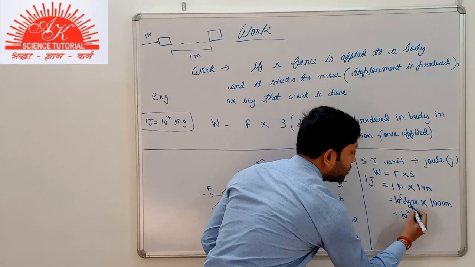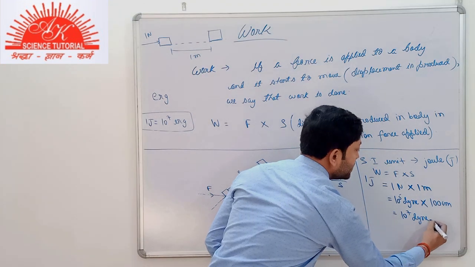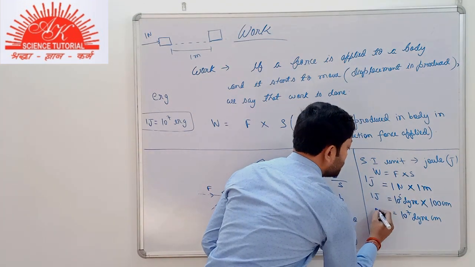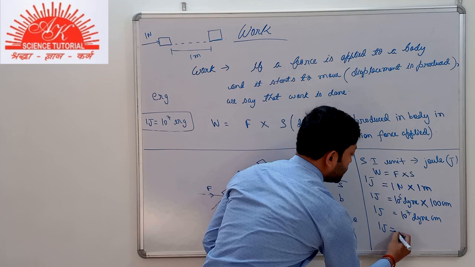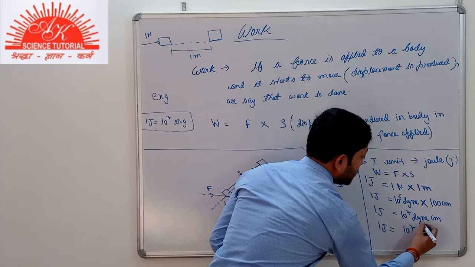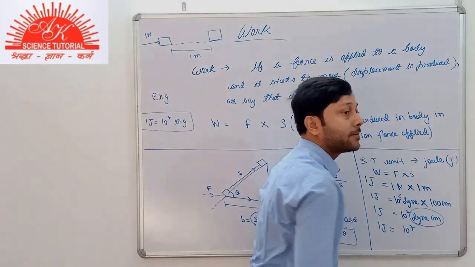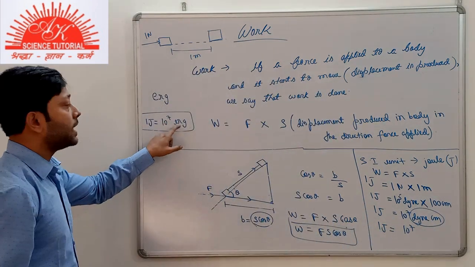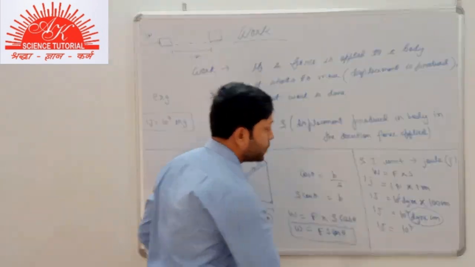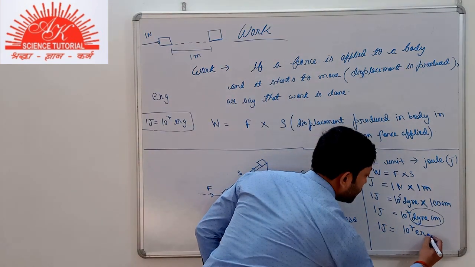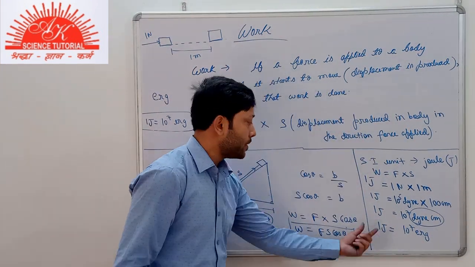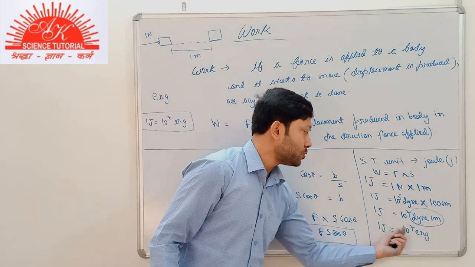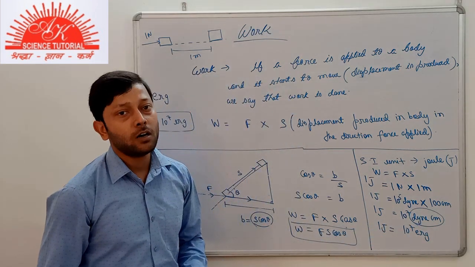It is 10 to the power 7 dyne centimeter. This dyne centimeter is simply replaced by the unit erg, that is the CGS unit of work. So here is the relation for joule and erg. 1 joule is equal to 10 to the power 7 erg.